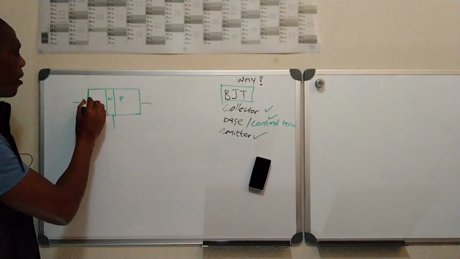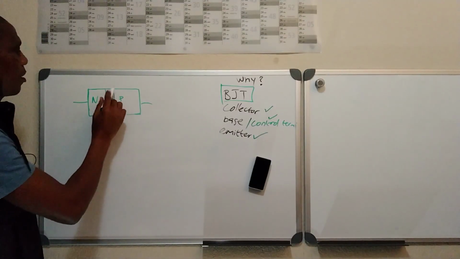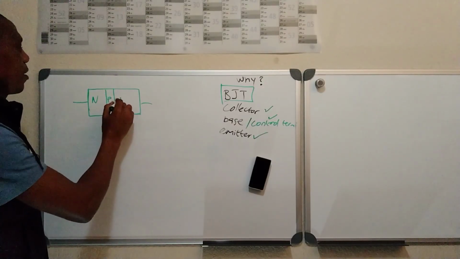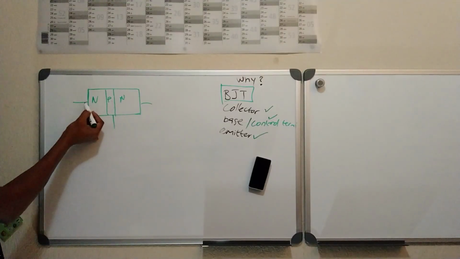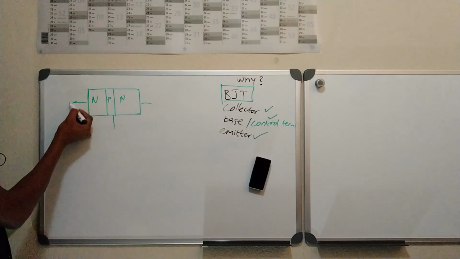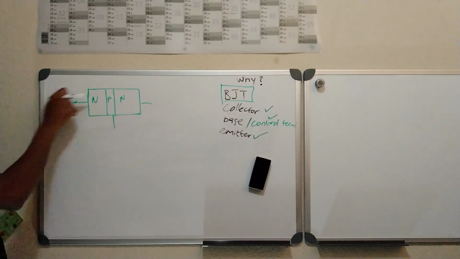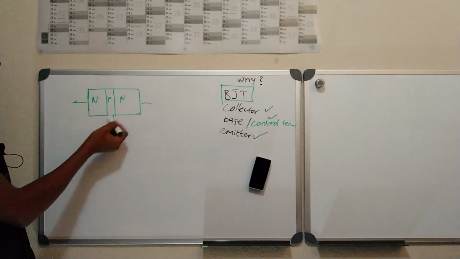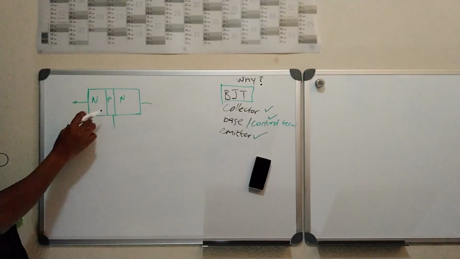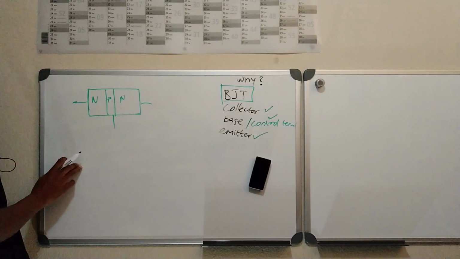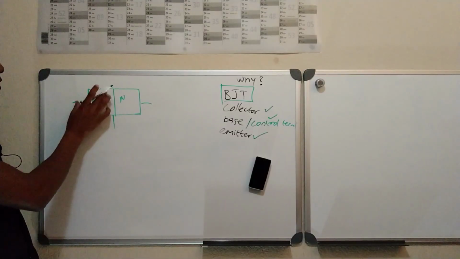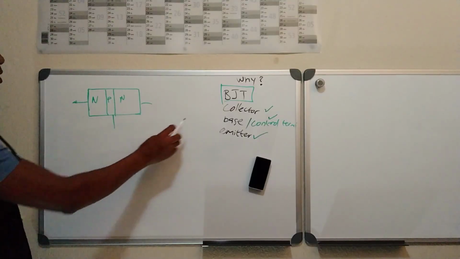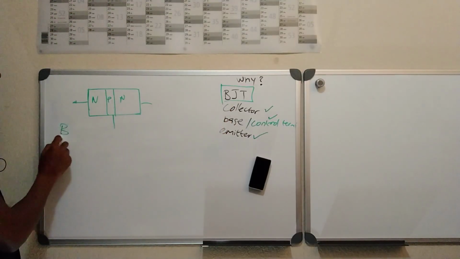In the NPN, the emitter will emit the charges in this direction. It's not the same for the PNP and the NPN. But now the charge carriers will be negative instead of being positive, since this emitter terminal is negative. So for that reason, they call it a bipolar junction transistor.